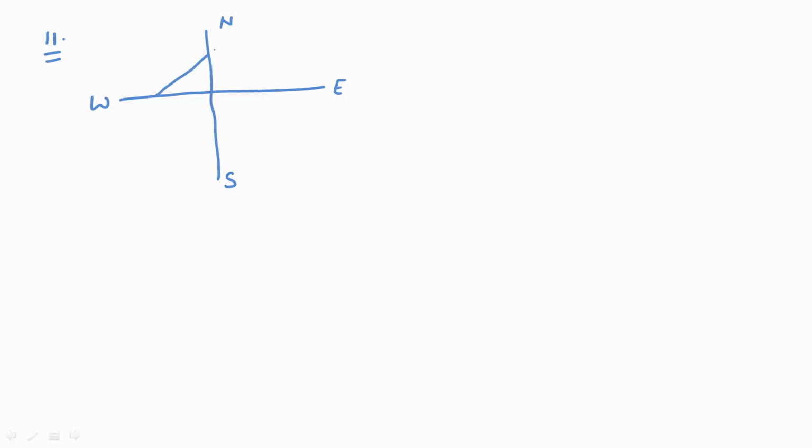This is the point A and this is the point B. At the same time, another aeroplane leaves the same airport and flies due west at a speed of 1200 km per hour. How far apart will be the two planes after 3 by 2 hours?